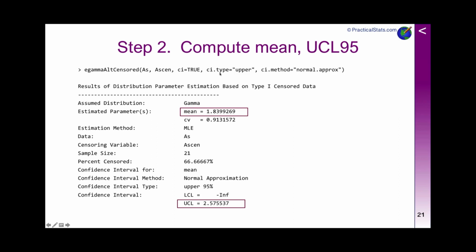I want to get back a confidence interval that's an upper 95% confidence interval, so it will do all of that for you. It'll give you back an estimate of the mean and a coefficient of variation. And here's the UCL down here. So it's estimating a mean of 1.84 and the UCL at 2.57. And that would be about the best estimate you could come up with for this data set.